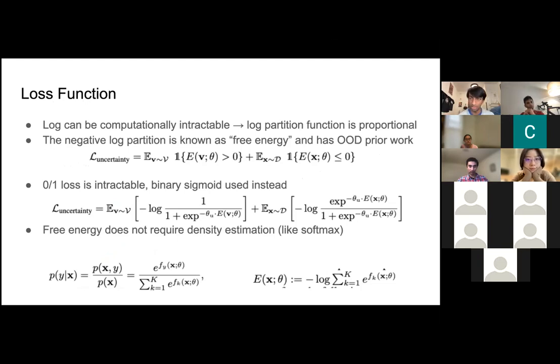They also have this loss function. I'm going to try and give the story behind how they came up with it. First, they say that the log probability can be computationally intractable. This is particularly because if we're trying to measure log probability of outside versus in distribution, we have to effectively estimate the entire density function.